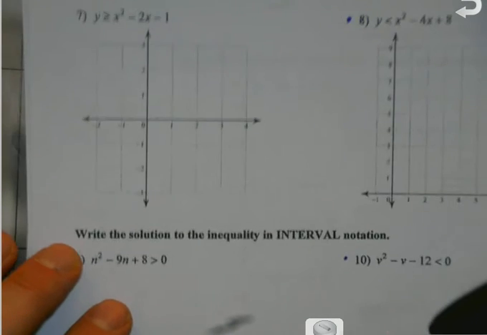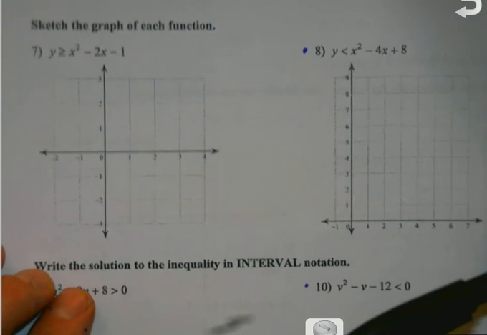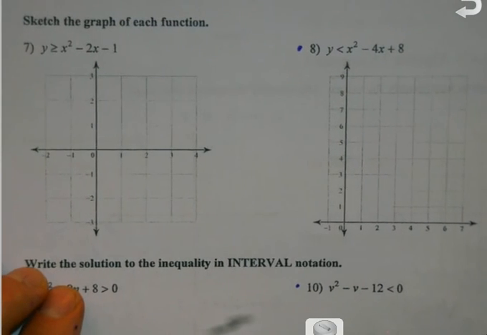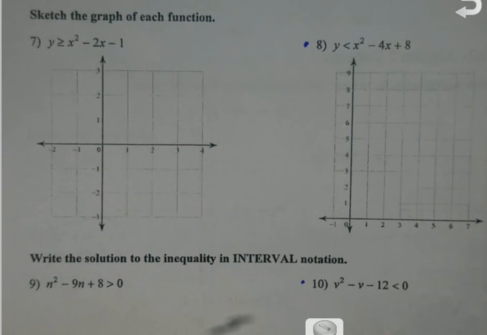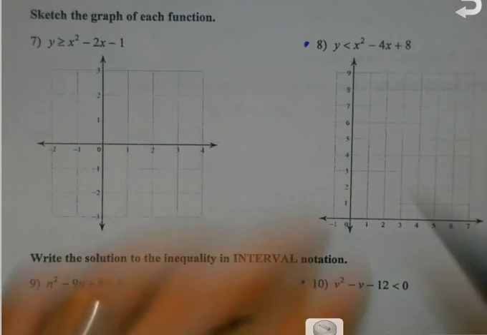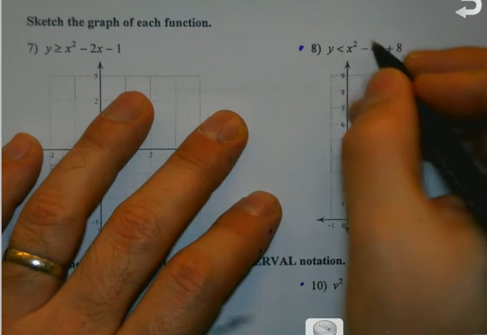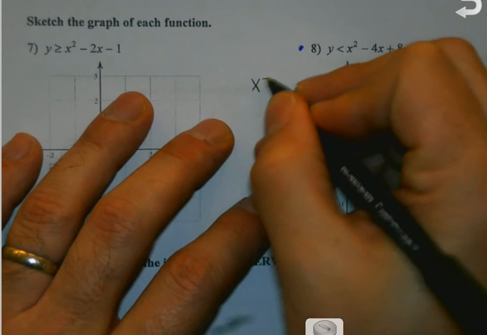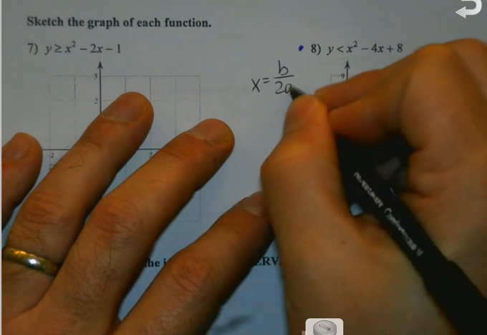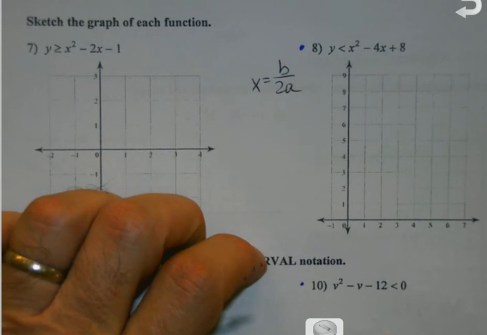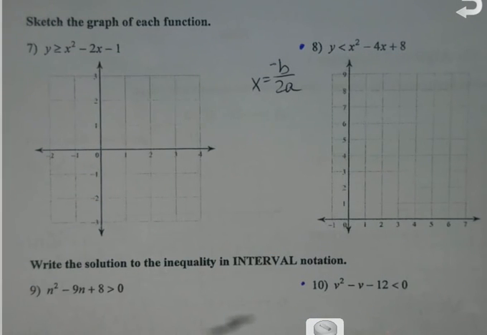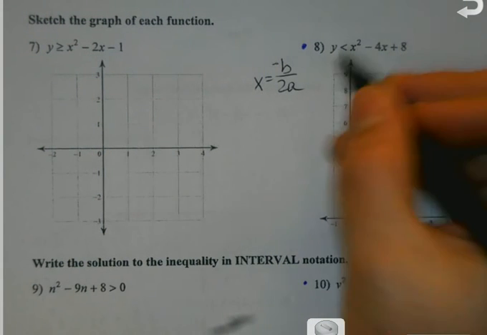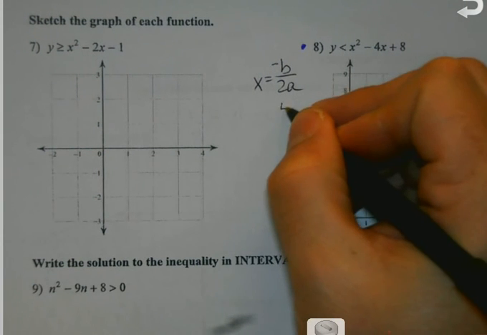Move this down a bit. All right. Sketch the graph of the function. Okay, since we're in standard form here, to try and get that vertex, that center point to be working with, a couple of ways I can go at it again. One of the ways is to do my B to A. So the opposite of negative 4 would be positive 4.